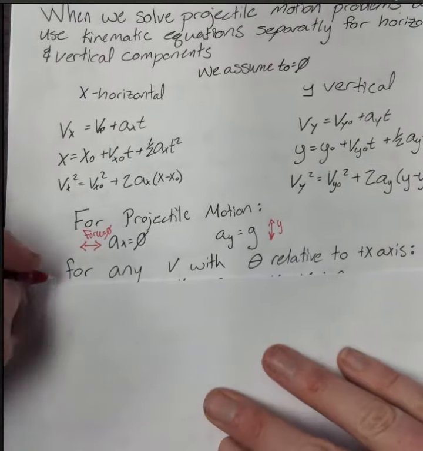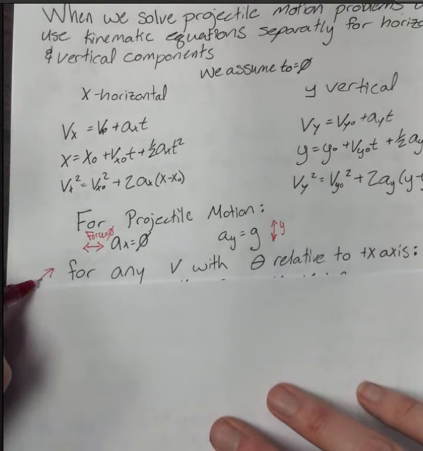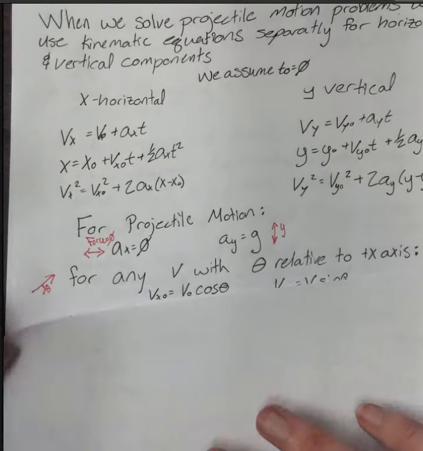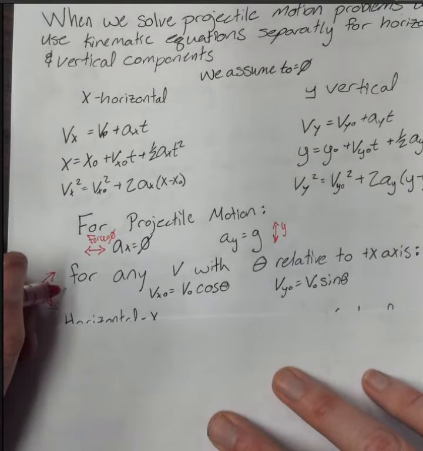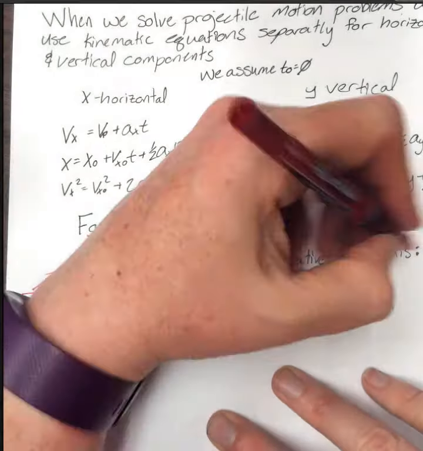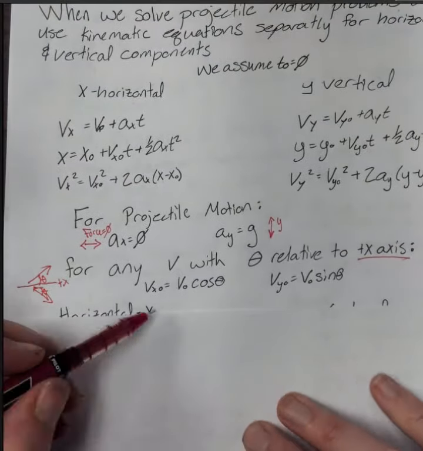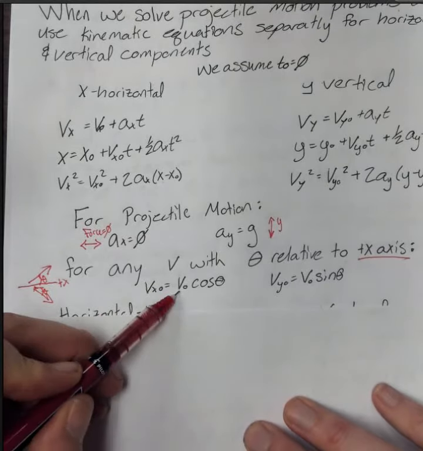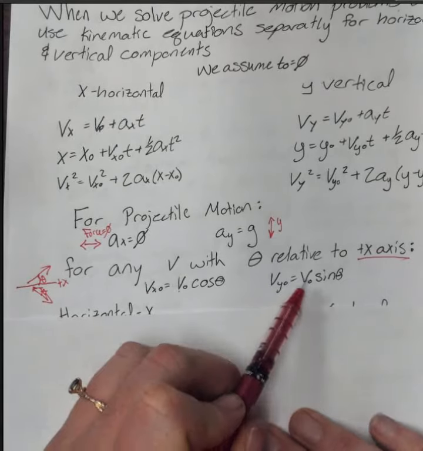So what we're saying is that any velocity, whether it be this one or a velocity like this, either way, when we draw them to a positive x-axis and give that theta, and as long as that theta is to the positive x-axis, then we can solve for the components. The velocity in the x direction will be equal to that velocity times the cosine of theta. The velocity in the y direction will be equal to that velocity and the sine of theta.